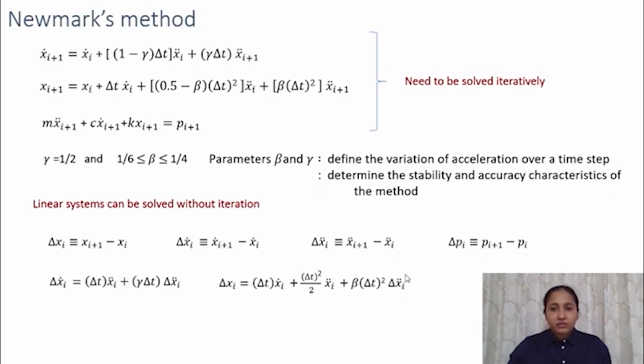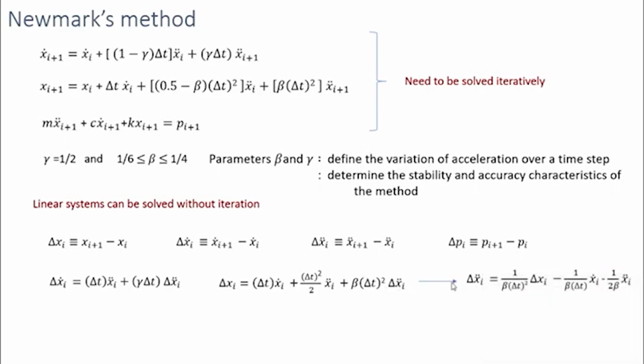And from this equation, we can find the value of delta x double dot i, that is, the incremental acceleration. So we can find the expression for incremental acceleration from this, and we can substitute this expression in this equation, that is, the equation for the incremental velocity.